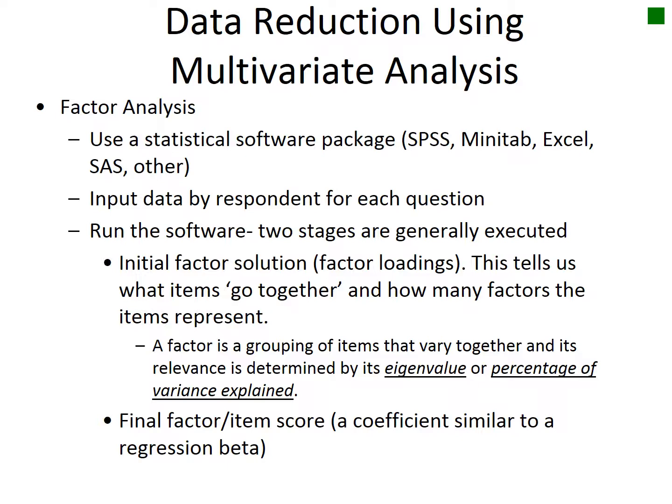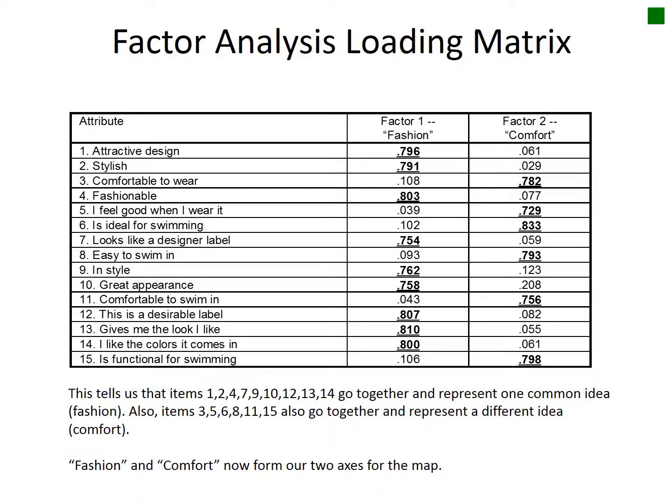Okay, so with the data that we have, when the data was put into a factor analysis software program, the following chart is created, and this would be that first step of the factor analysis or data reduction process. What's shown in this chart are scores, which we call factor loadings, from that first stage.